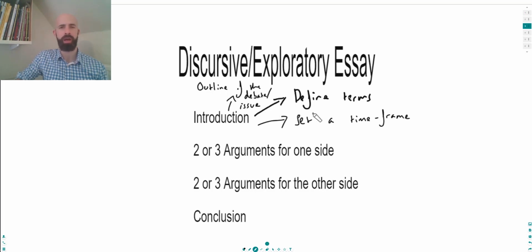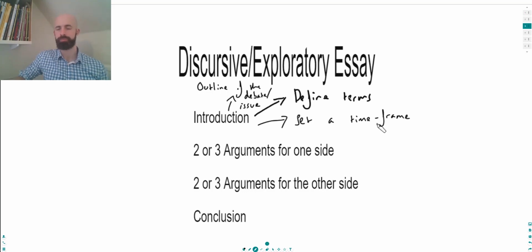Those are the 3 main things that you want to do in your introduction. If you do that, you're going to have a pretty solid introduction, and then you can move on to the main argument proper. In our main section of exploration, we're going to split it into one side and the other side.